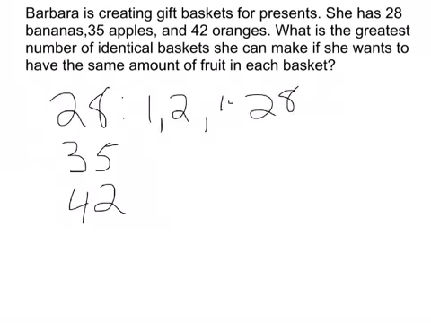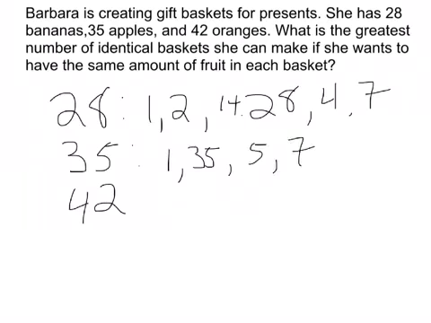For 28: 1 and 28, 2 and 14, 4 and 7. It's not divisible by 3 or 6 or 9 or 5 or 10. Let's do 35, which we did previously. It's 1, 35, 5, and 7.